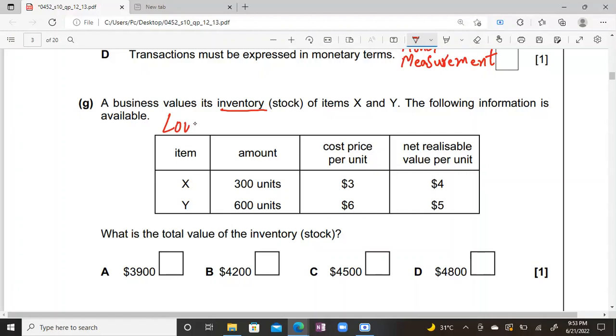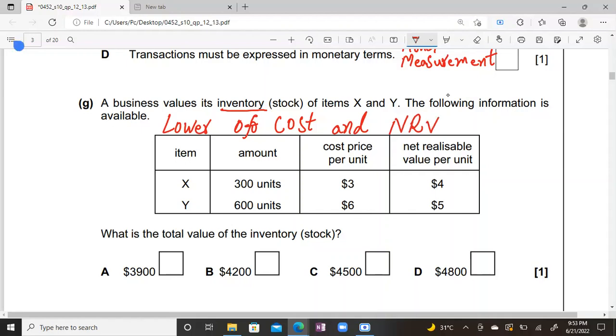So the rule is lower of cost and NRV, net realizable value.